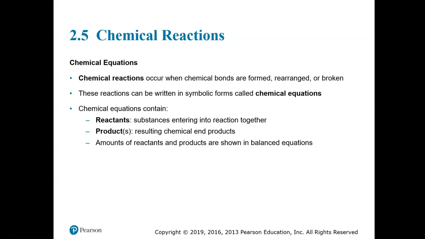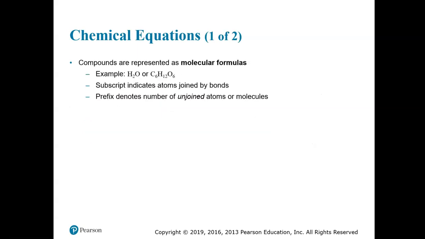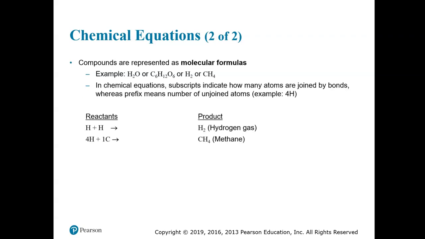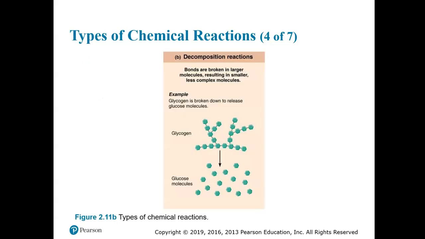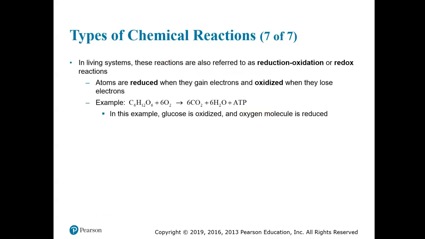Now in section 2.5, we're going to talk about chemical reactions and the ones that are most important to us in anatomy and physiology. In a chemical reaction, we have reactants and products. Okay, here's an example of a chemical reaction.